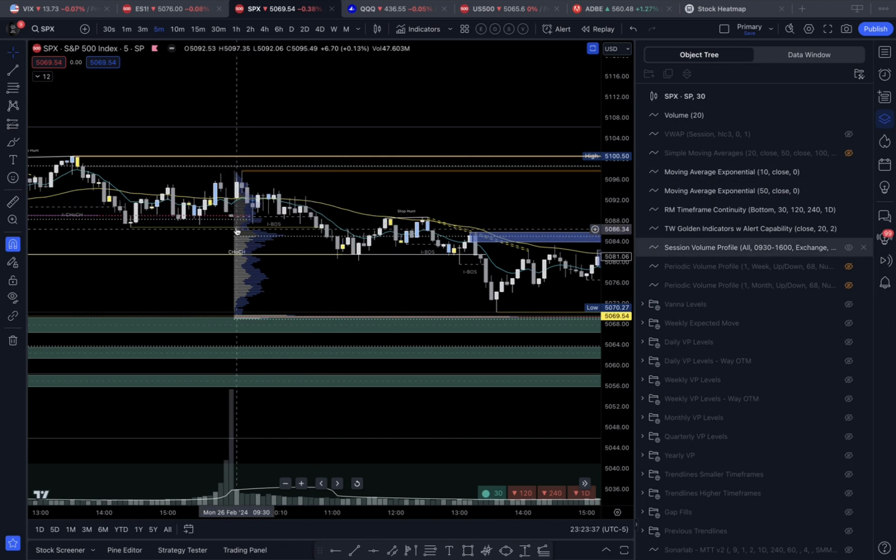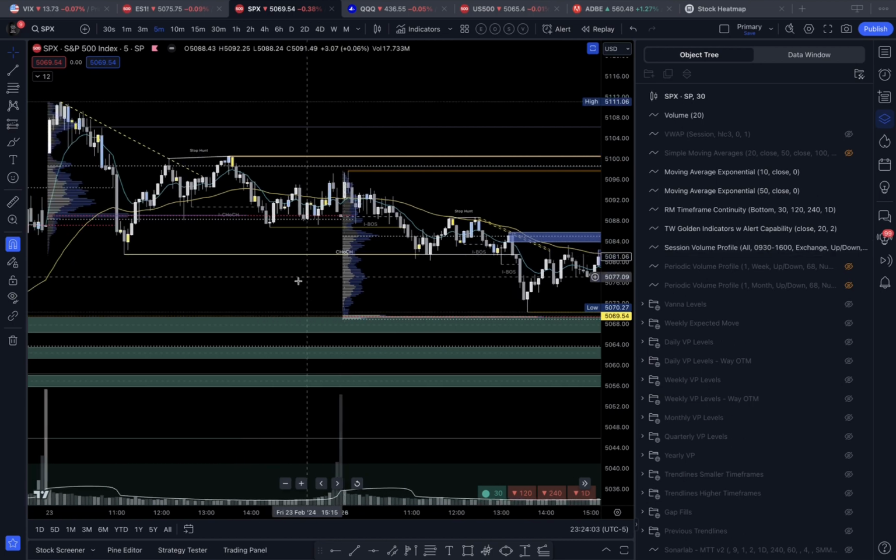For those of you with Sonar Labs, these are breaks of structure. Regardless of the time frame, you can see that as it does this, you break that structure. Here was the structure at the low, 50.86. It breaks and it flushes down. Then we've got another change of character here, which was the low.